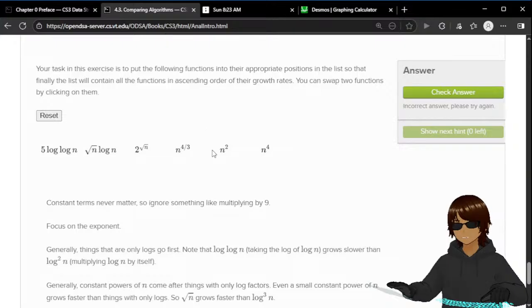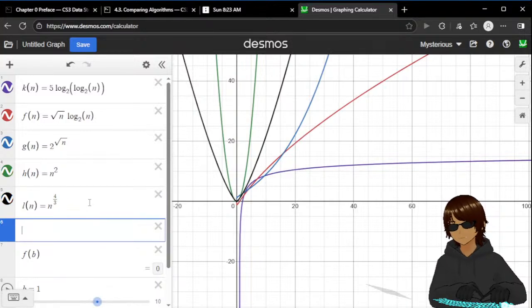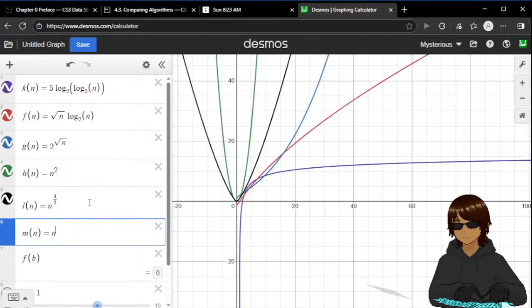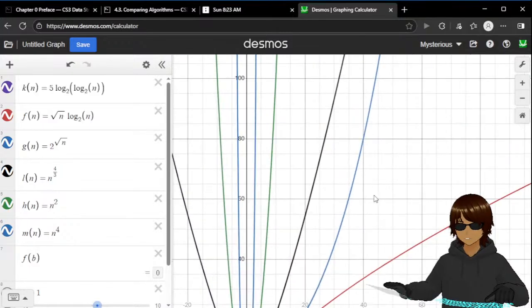N squared. So wait, n to the power of 4 should be the biggest, right? So this function is the biggest. Then comes n squared. Then comes this.